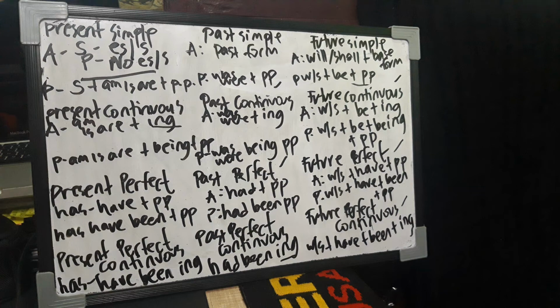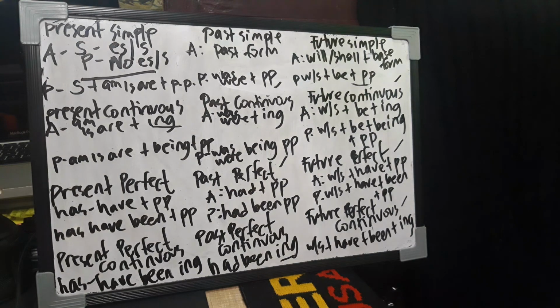But again, we will try to study that in the future. For now, let's just try to make it easier first. Let's have first the patterns like this. So, is it clear, guys? So these are the patterns over the 12 tenses.